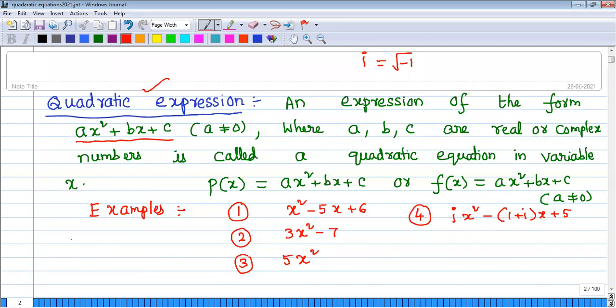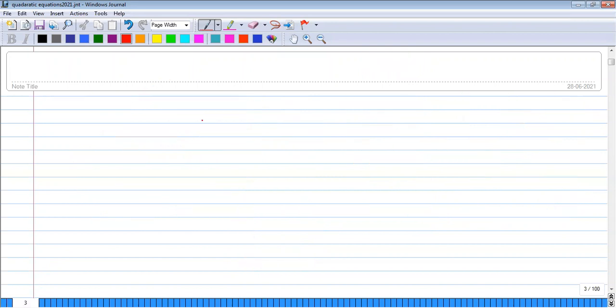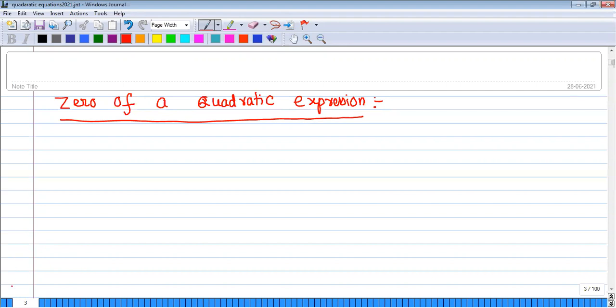Okay, now next concept we need to discuss, zero of quadratic expression. Sir, show the previous page.